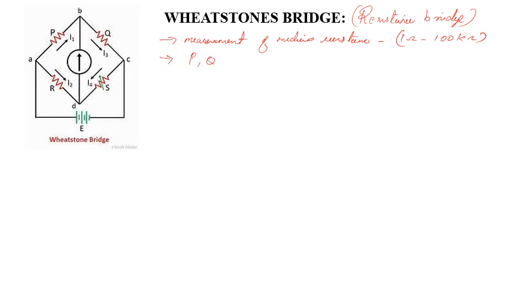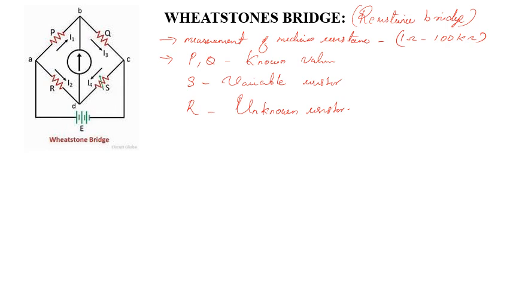P and Q are the known values of resistors, the resistor S is the variable resistor, and the resistor R is the unknown resistor. So we have to find the value of the unknown resistor R by comparing it with the other resistors.